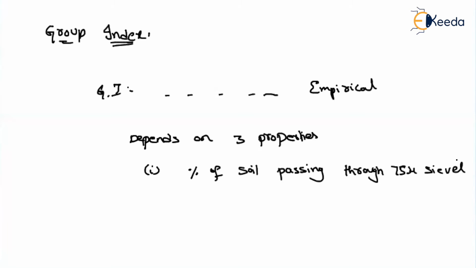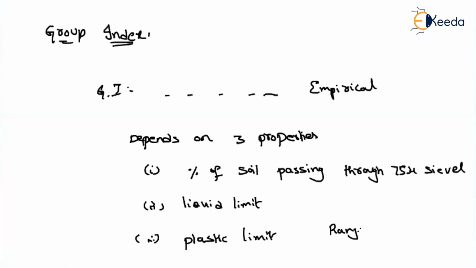That means depending upon the percentage of the fine grain fraction, and also the liquid limit is required, and also the plastic limit. So this group index varies depending upon these 3 parameters. The range of this group index, as we have already discussed, varies from 0 to 20.